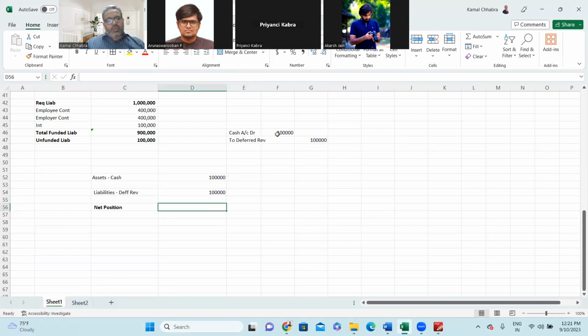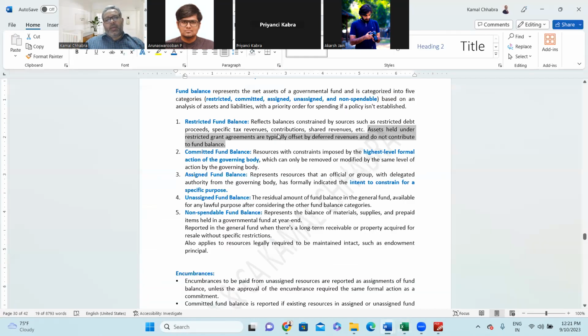So what is your net position? It's neutral. This minus this is neutral. Right. Now just look at this. Assets held under the restricted grant agreement are typically offset by deferred revenue and do not contribute to the fund balance.